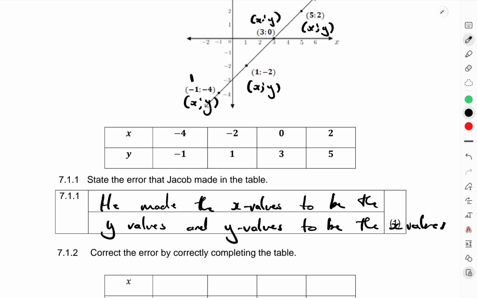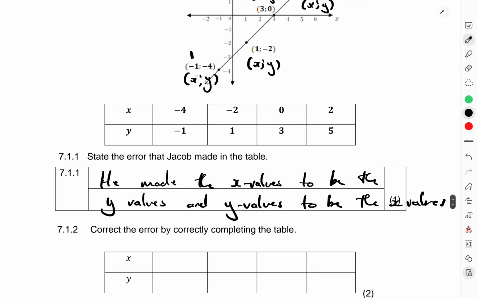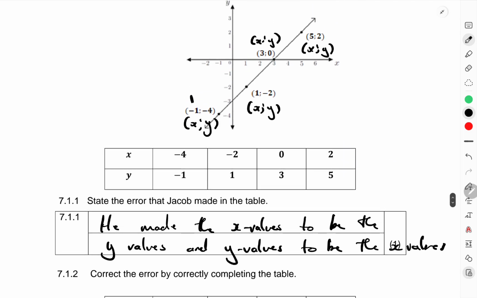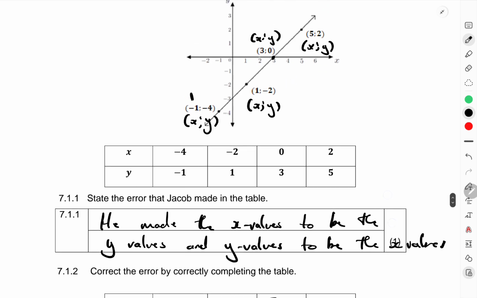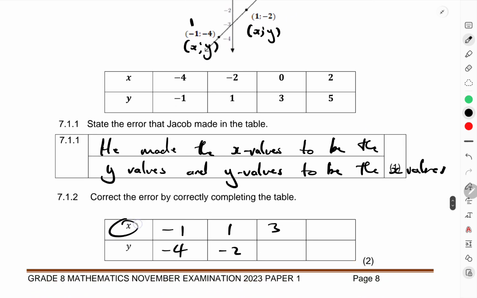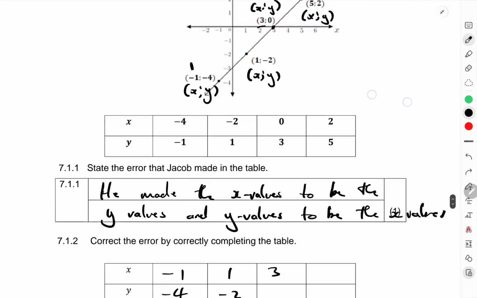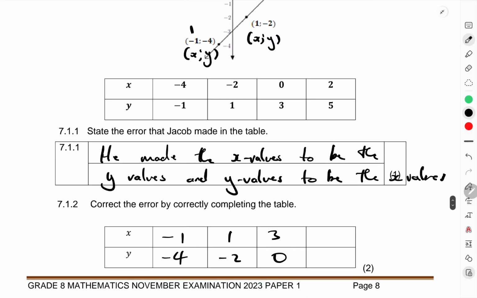Now we are required to fix the error that Jacob made. So when you look at our graph, I have -1 is to -4, meaning my ordered pair has -1 here and -4 over there. Then coming to this point, my ordered pair is 1 and -2. When I come to this pair here, I'm going to have 3 because the x value is 3, and the y value will become 0 if x is 3.